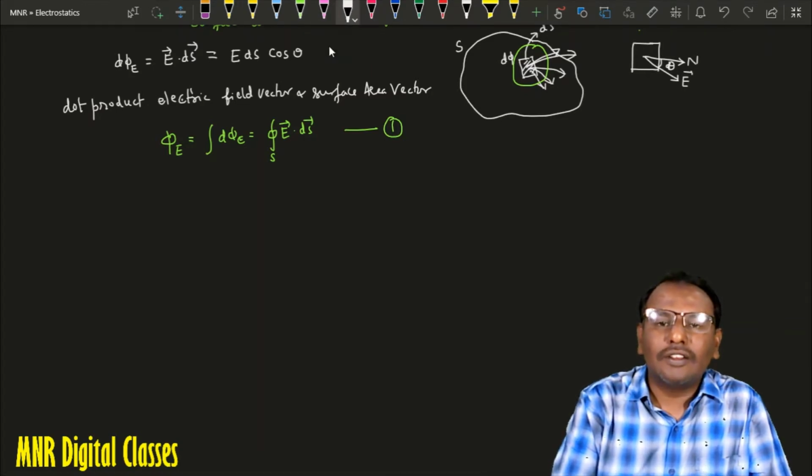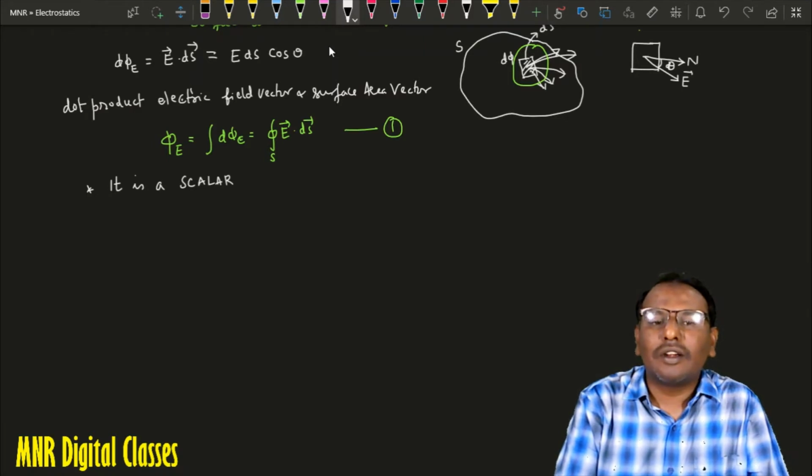The electric flux due to a given system of charge is a scalar quantity, since it is a dot product of two vectors E bar and ds bar, and its SI unit is volt meter or Newton meter square per coulomb.